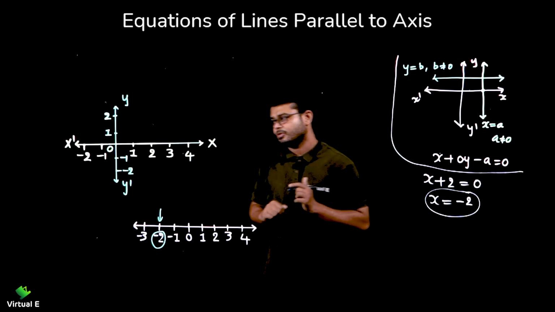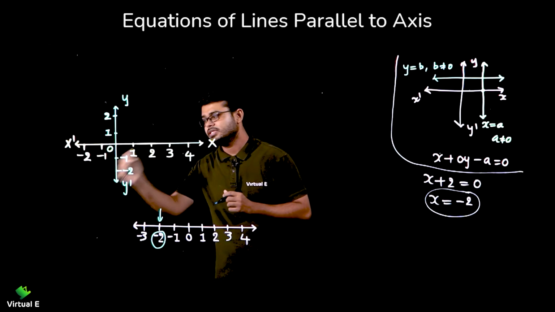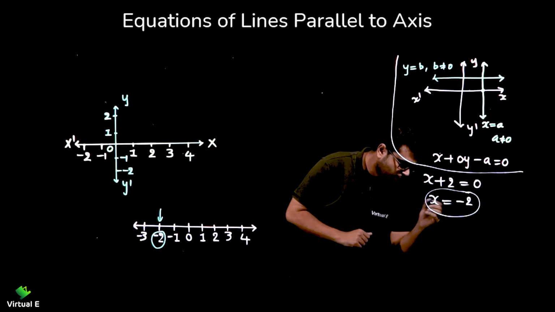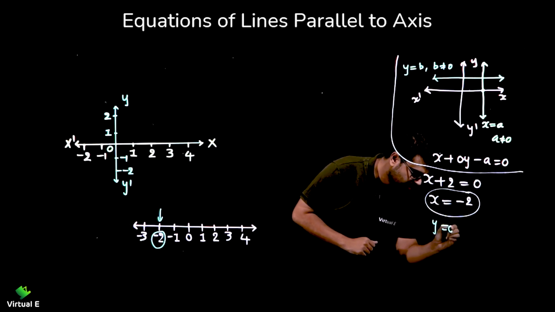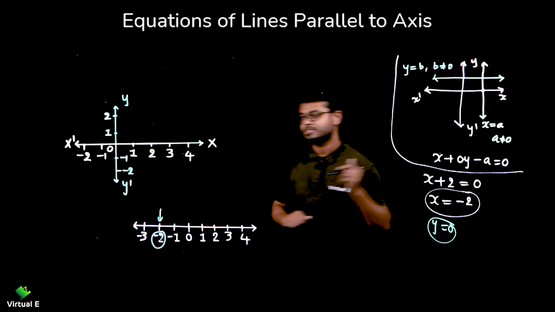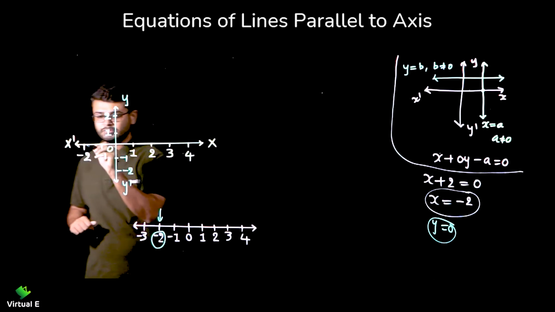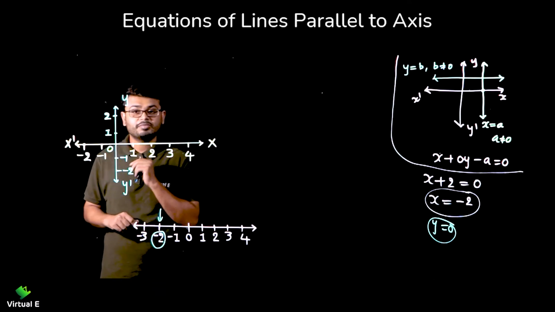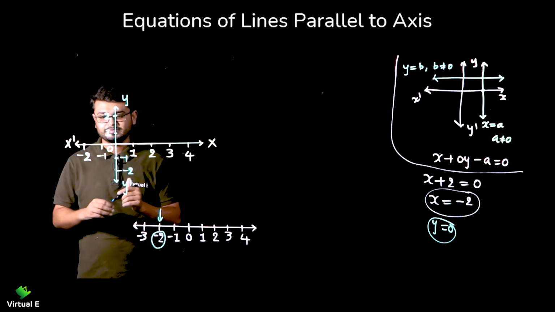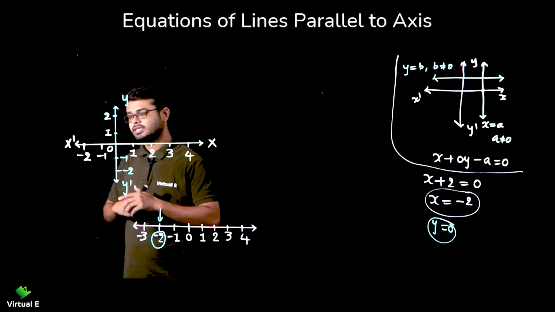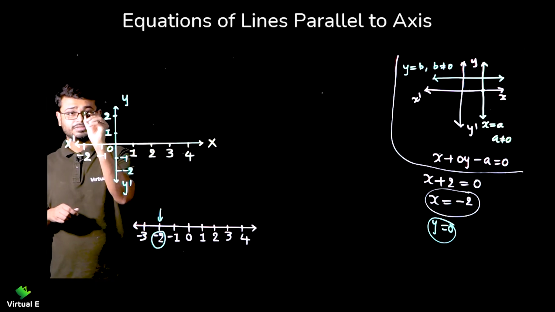Now of the same equation, if we want to represent it in the form of two variables, I can write that along with this y is equal to 0. So I will be taking the point x is equal to minus 2 over here, and y is equal to 0. y is equal to 0 means the point will be on the x-axis. So if I want to draw a line, that will be something like this.